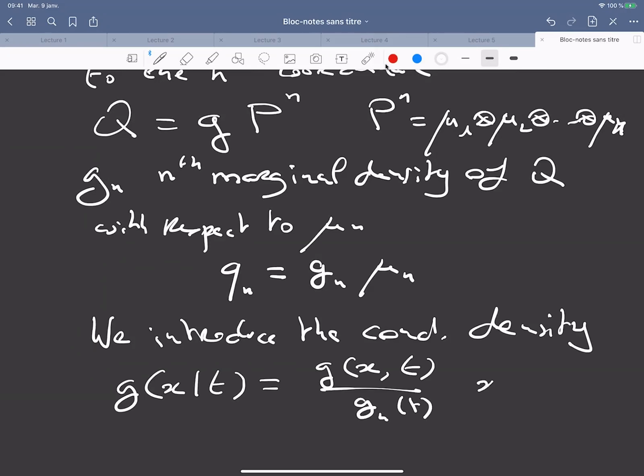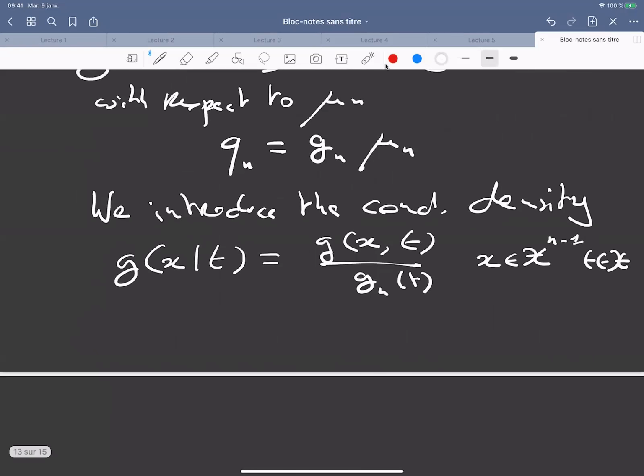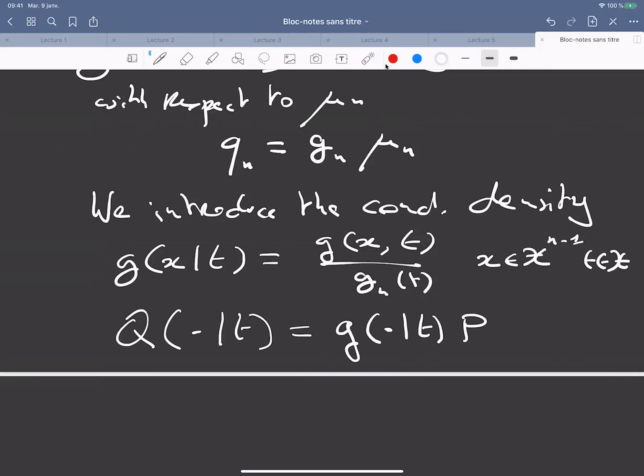And this is for all x in x to the power n minus 1 and all t in calligraphic x. And at the end of the day, we have the conditional distribution, which is the probability distribution which has density, the conditional density, with respect to Pn minus 1. So we have fixed all the notations.